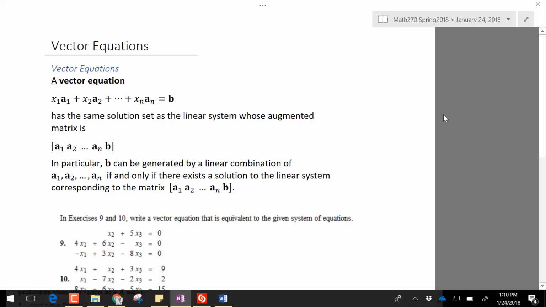We have our weights of the vectors as x, and then we have just a random vector on the right-hand side that we should know as y or as b. They say that this has the same solution set as a linear system whose augmented matrix is equal to whatever this is equal to.